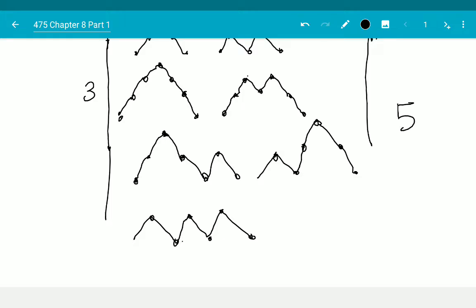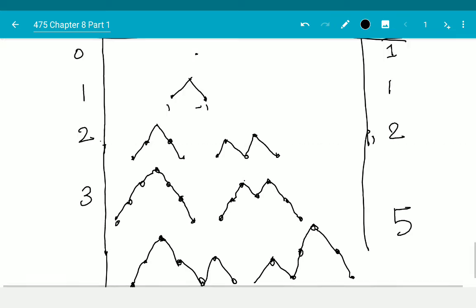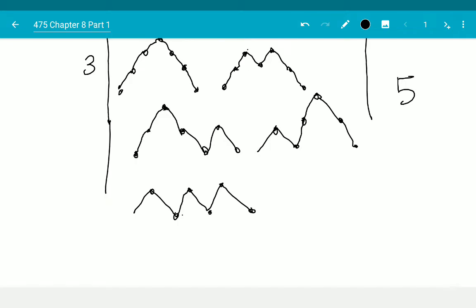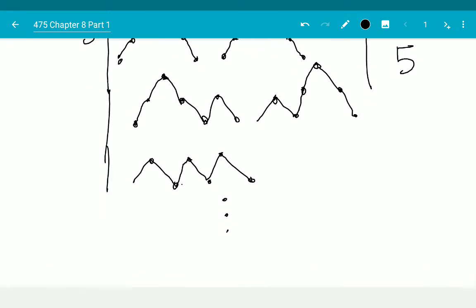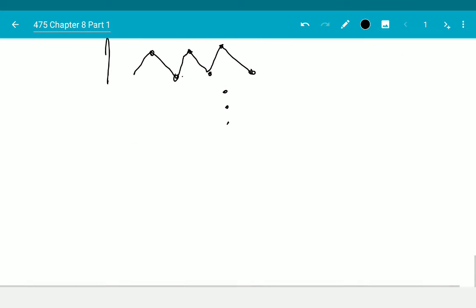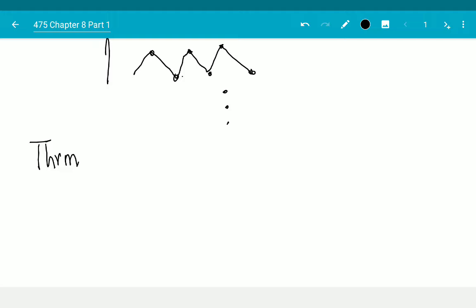And if this pattern is recognizable to you, 1, 1, 2, 5, also the fact that this section is on Catalan numbers should give you a hint that this is somehow related to Catalan numbers, and you would be correct.